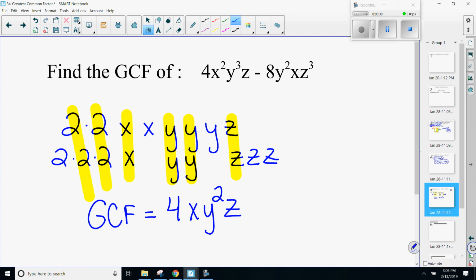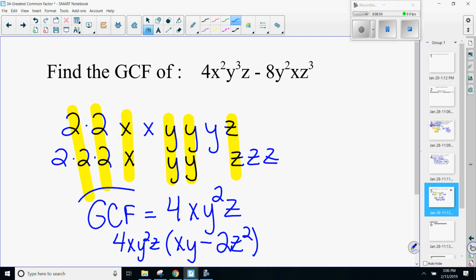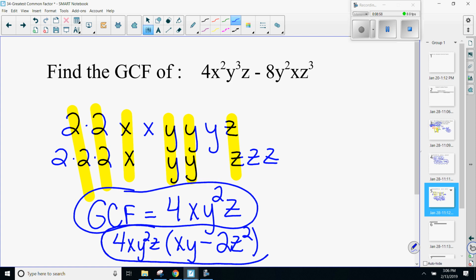If I ask you to factor, it would be 4x, y squared, z, and what goes in parentheses. What you're left with. In the top one, what is not highlighted? X and y. In the bottom equation, there's a minus sign. In the bottom equation, what are you left with? 2z squared. There's the factored form. Greatest common factor, right here. Right here is the factored form.